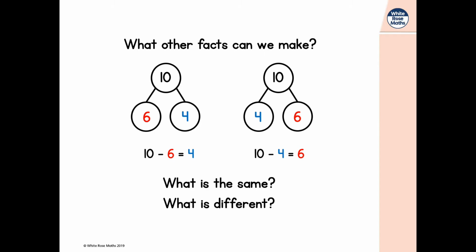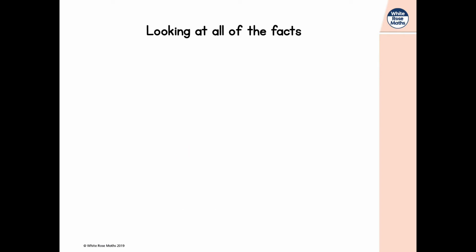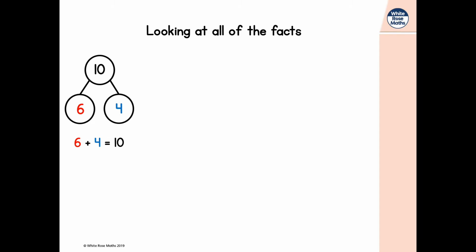Take a look. What is the same? What's different? Now, let's take a look at all of the facts in our fact family. You're going to see that we're using the same three numbers. Do you remember the first fact we made? It was 6 plus 4 equals 10.